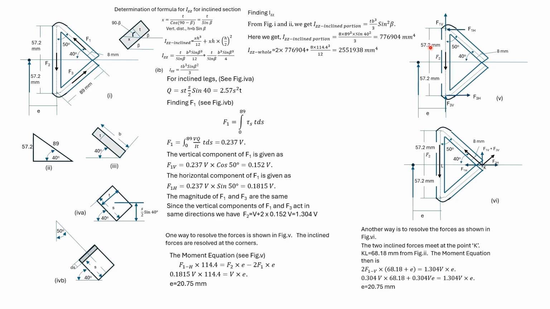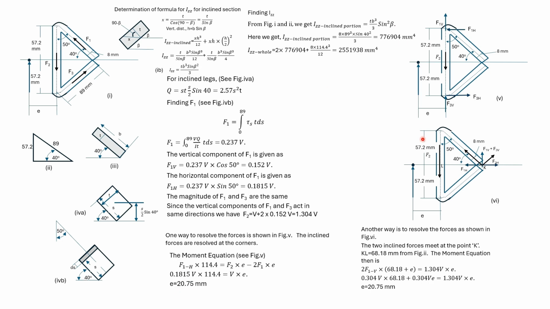These two moments will cancel each other. So here we have F1H into this distance is equal to F2 into E minus 2 F1 into E, from which we get the value of E.